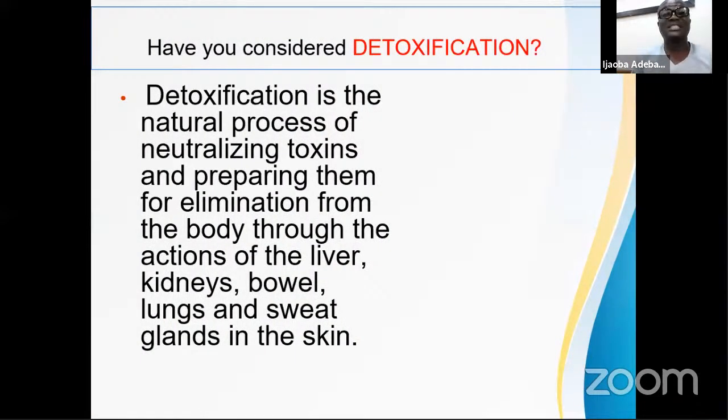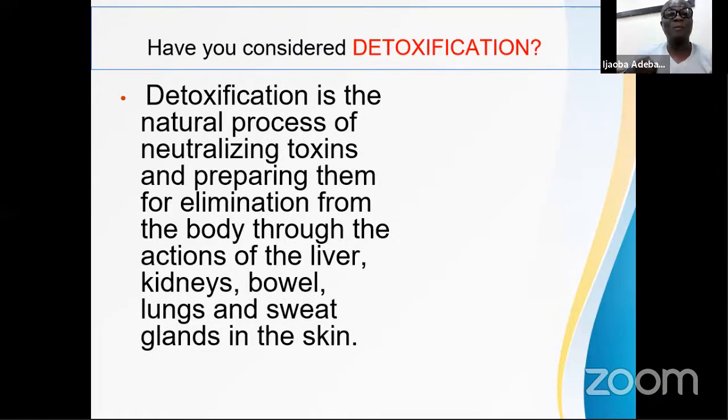Have you considered detoxification? That is the next question I want to throw at you. As my client, I'm talking to you. Have you considered detoxification to get rid of this excess fat, especially this abdominal fat, or to detoxify your system? The question again is, what is detoxification?